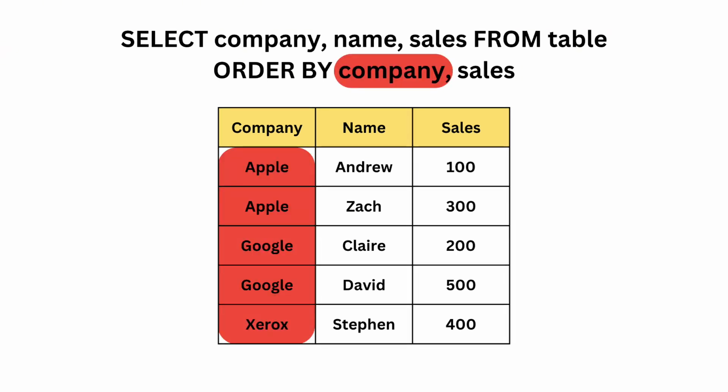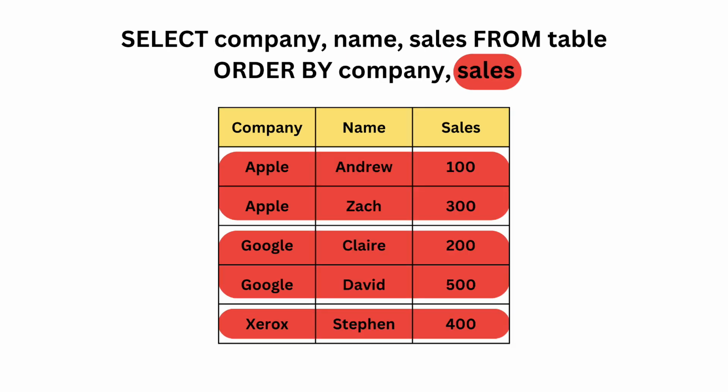Well, it means we sort everything first based off the company column. So notice we have Apple coming in first in alphabetical order, then Google, and then Xerox. And then the corresponding names also get lined up. However, we can then also order by the sales. So after you've done the sorting based off the company column, which makes sense because there's duplicate values there, within that particular company, we do a second ordering, which is by the sales column.